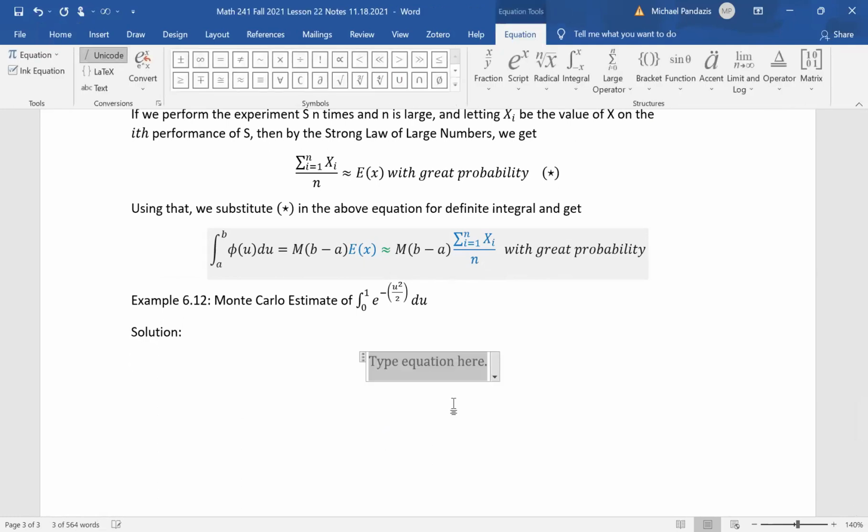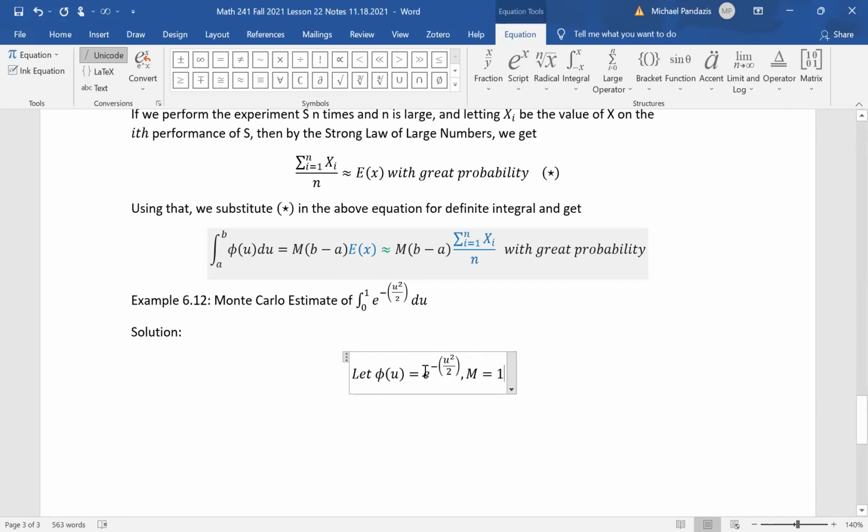Okay, so let's let phi of u equal this function here in the integrand of this integral, this e to the negative u squared over 2. And then let's let capital M equal 1.